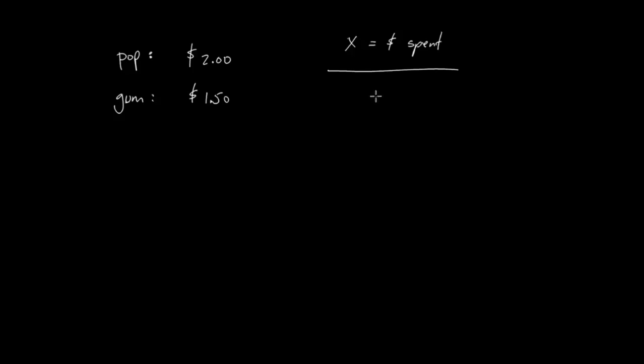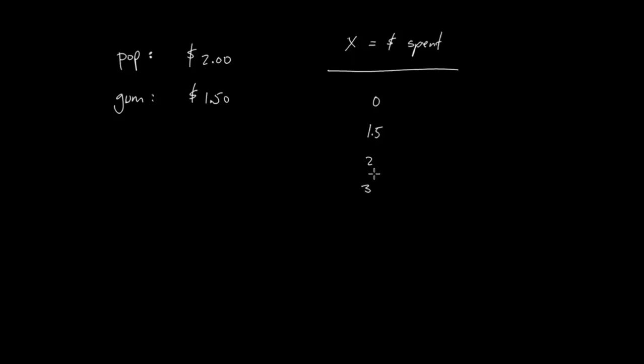Well, it's possible that a person might say that they didn't buy anything, so they spent 0. Or perhaps they bought just 1 package of gum, so they spent $1.50. The next lowest price would be that somebody only bought a pop. Or maybe somebody bought 2 packs of gum. That would be $3.